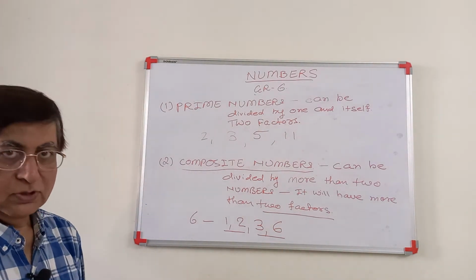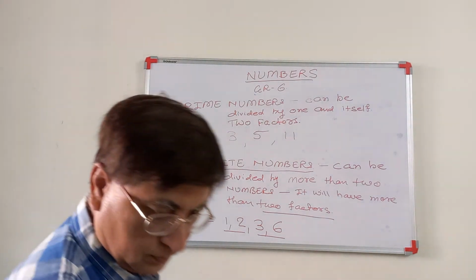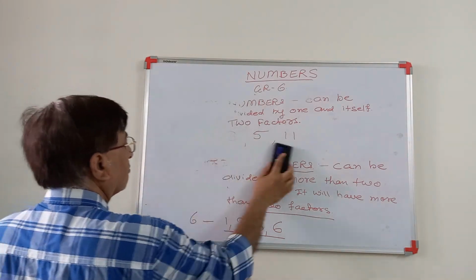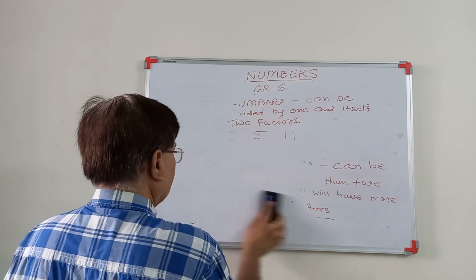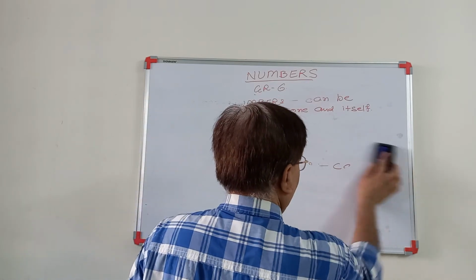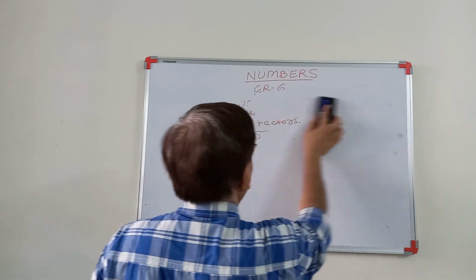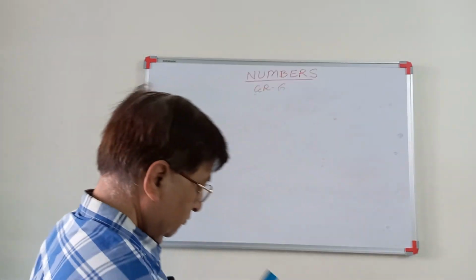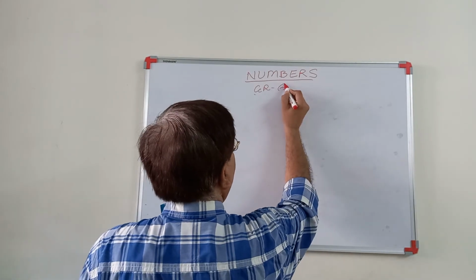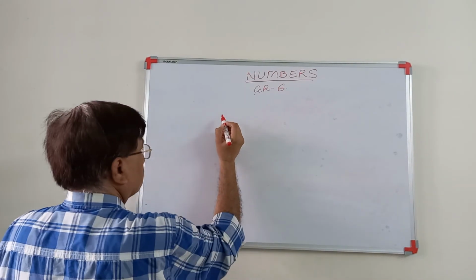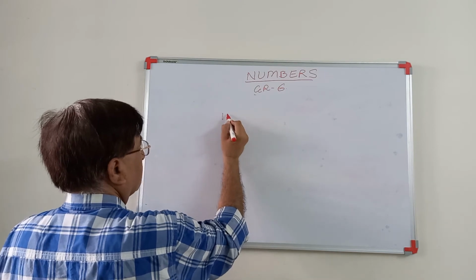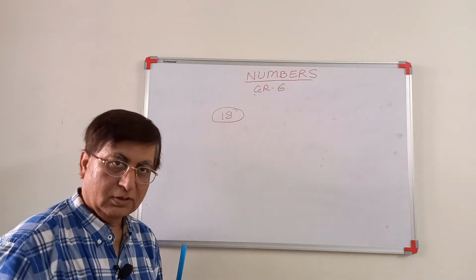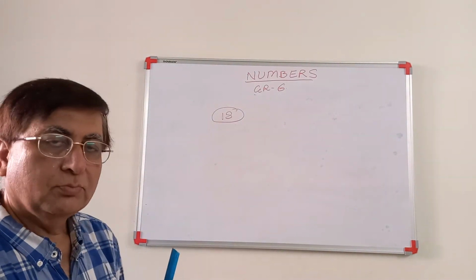Now let us see what is prime factorization. For example, let us say 18. Prime factorization is a way to find the factors of a number which are all prime numbers.